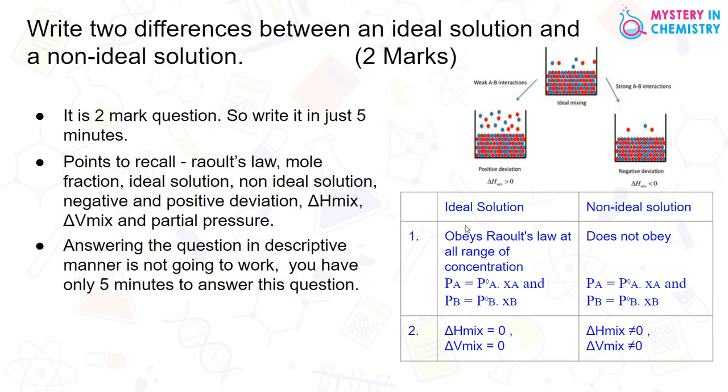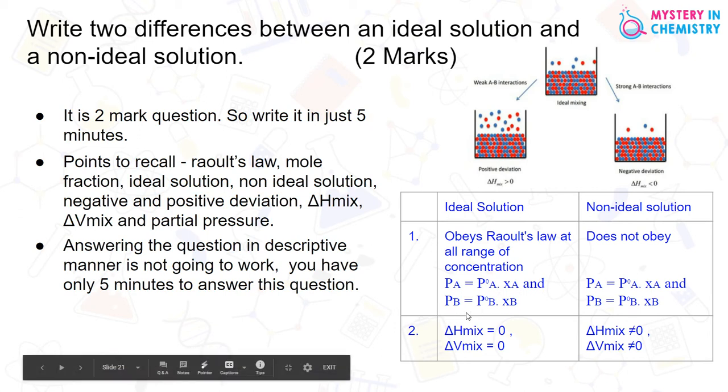First point: ideal solutions obey Raoult's law at all ranges of concentration, that is, Pa is equal to P0A XA and Pb is equal to P0B XB.